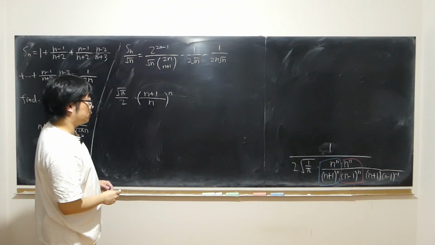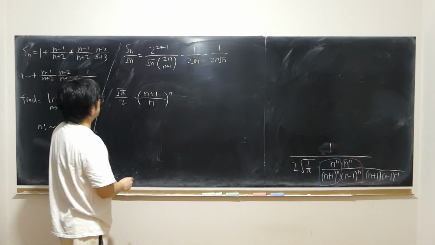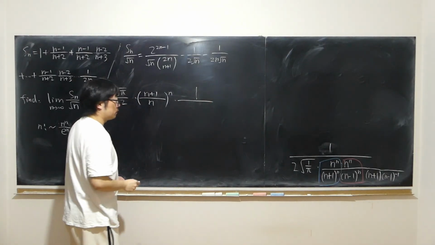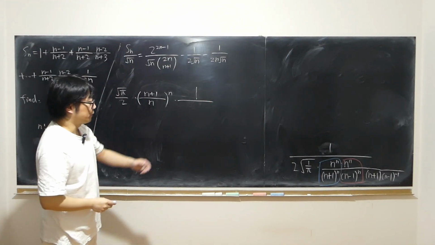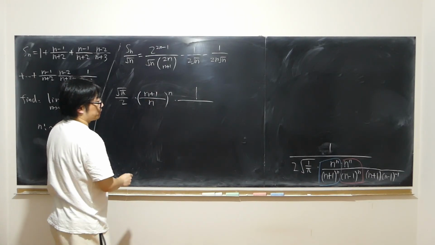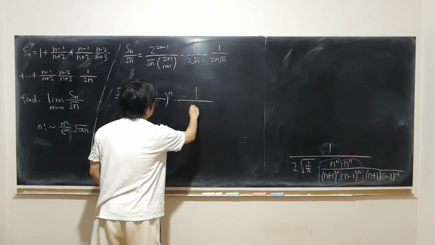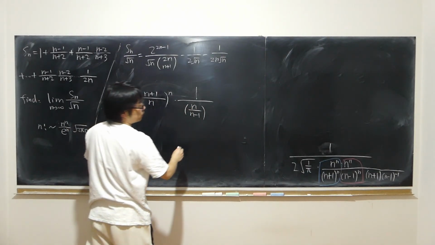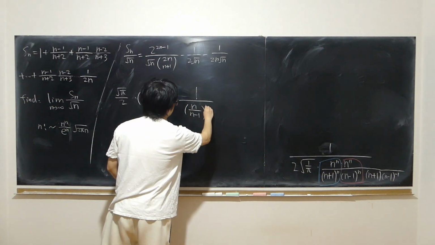And I'm not going to flip the red. I'll keep it as 1 over that red: n over n minus 1 to the n, same power.